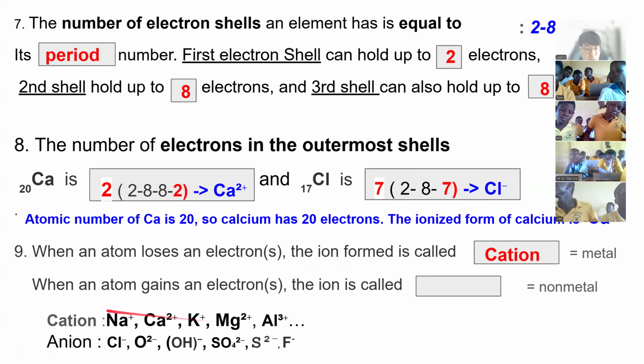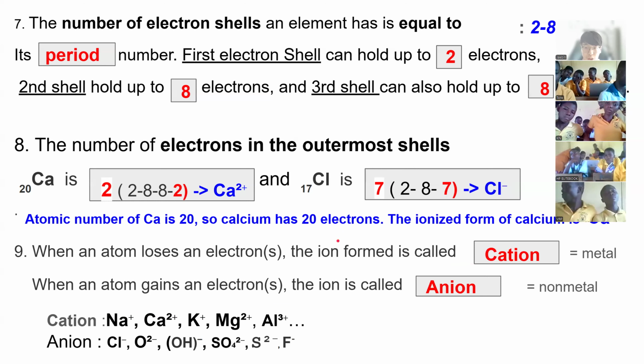When an atom gains an electron and forms an ion that is negative, it is called an anion, which are the nonmetals. So examples of cations are Na+ sodium ions, Ca2+ calcium ions, K+ potassium ions, Mg2+ magnesium ions, and Al3+ aluminum ions.